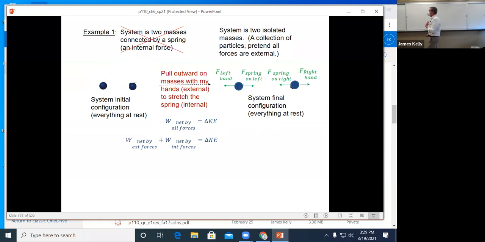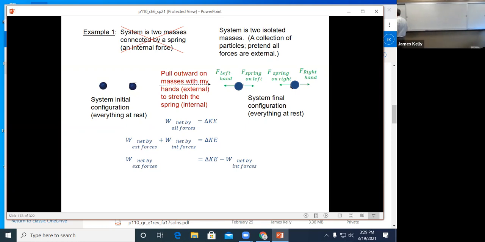But because I know I want to separate out the external forces, that just includes my hand forces, from the internal forces, that's going to include the spring forces on the two sides, I'm going to explicitly separate them out now. And I really just wanted this work done by the external forces on the left-hand side. So I'm going to subtract the internal force net work done on the pieces of the system off on the right-hand side.